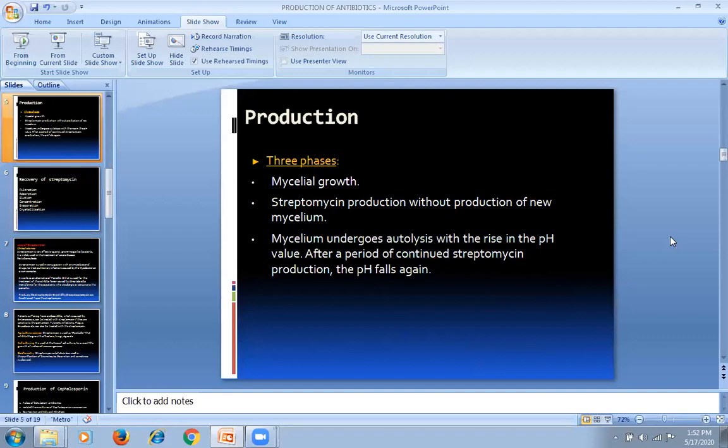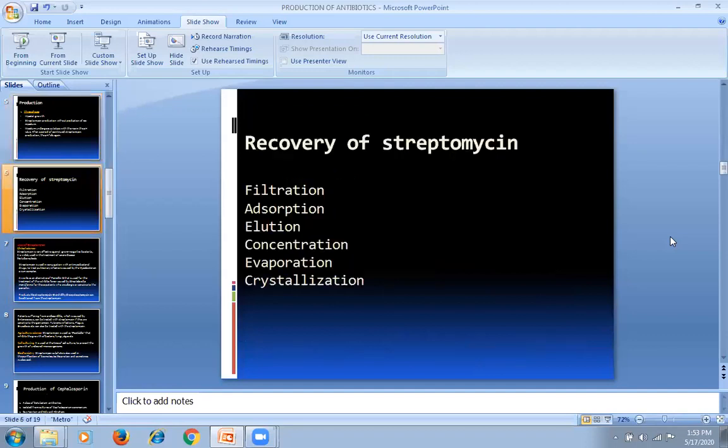Once enough mycelial growth is done, the growth can be slower, concentrating more on streptomycin production. In the third phase, the mycelium undergoes autolysis with a rise in pH value, and after a period of continued streptomycin production, the pH again falls. These are the three basic steps involved in streptomycin production.